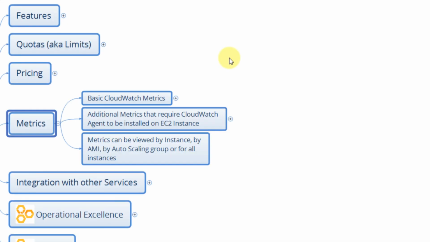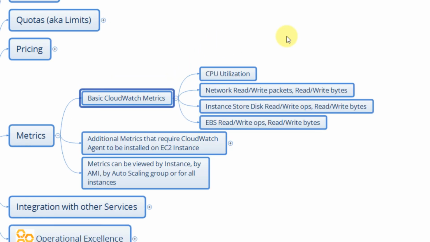Now, what are the various EC2 metrics that you can see in CloudWatch? There's CPU utilization, the network read-write data on packets and bytes, the instance store read-write ops and read-write bytes, and the EBS read-write ops and read-write bytes. So basically CPU, network, storage.